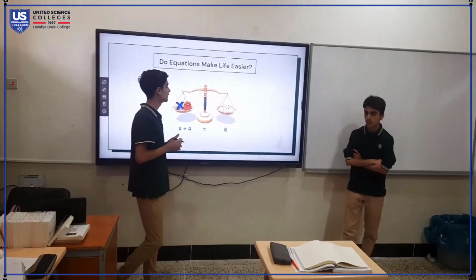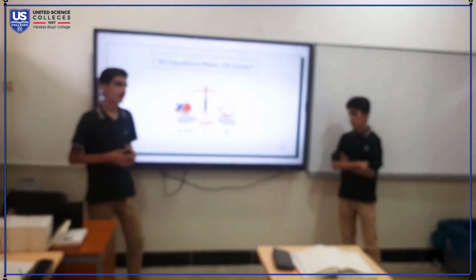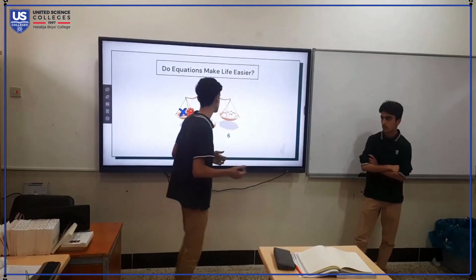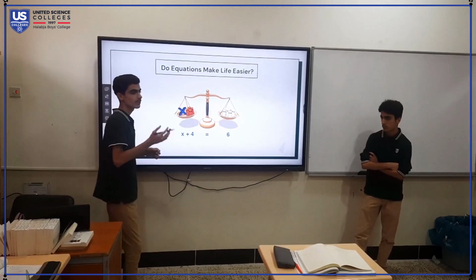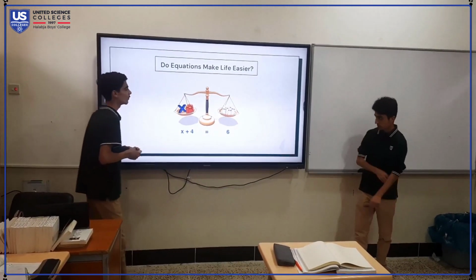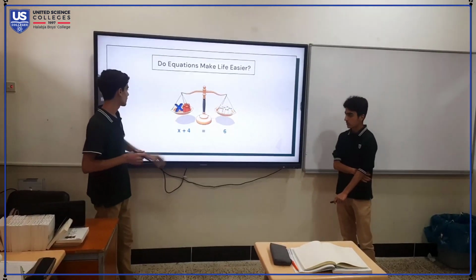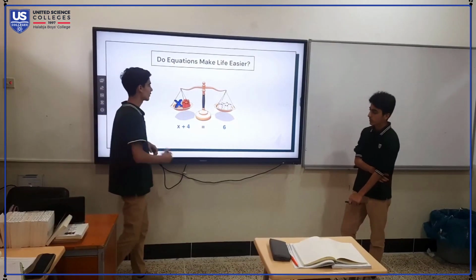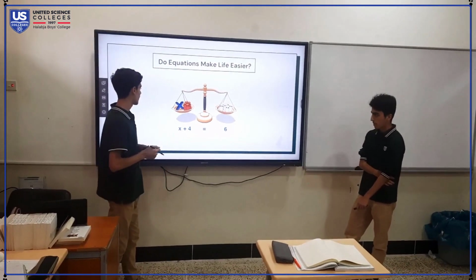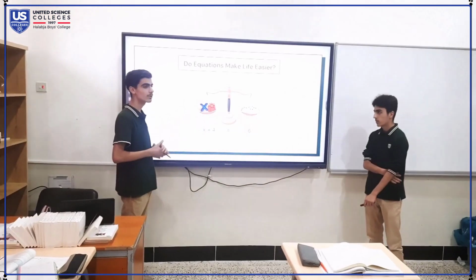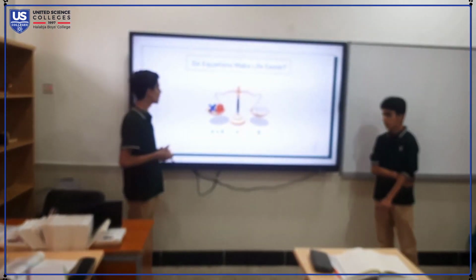Let's take an example from our life that we use every day. How do we use equations? Maybe we don't know how to use them, but we actually do. For example, you go to the market and you want to buy a kilo of tomato. There are 6 kilos and 4 kilos of tomatoes. You don't know how many kilos you need, but you want to know.